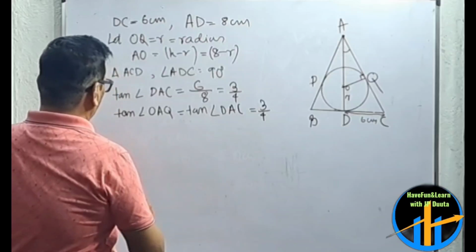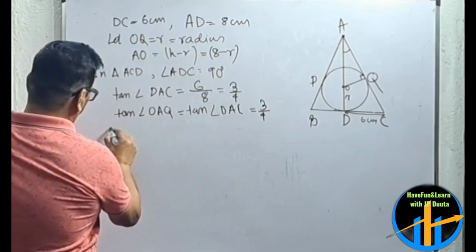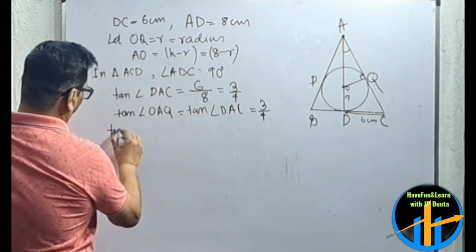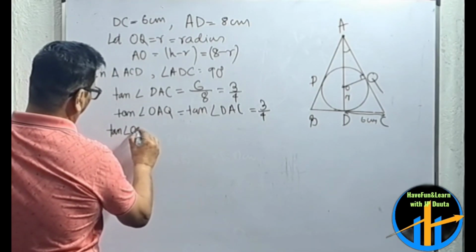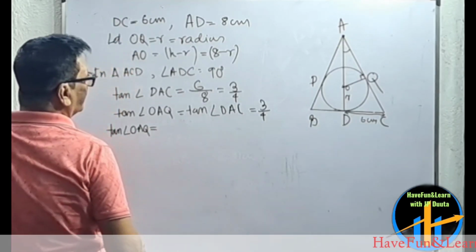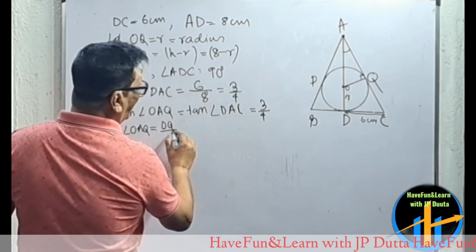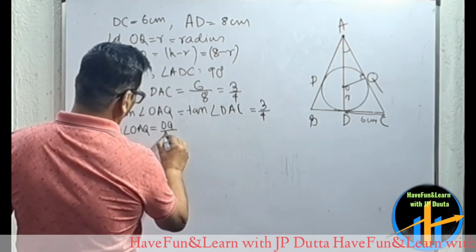Correct? Now see, tan angle OAQ is equal to OQ by AQ.